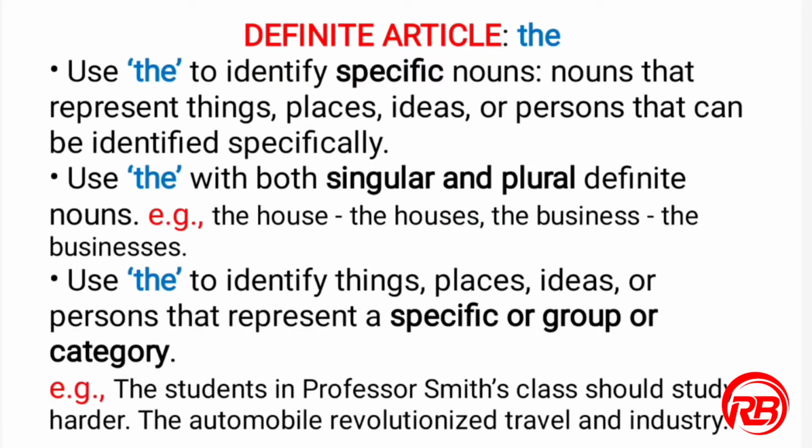The next thing we are about to discuss is the definite article, the. Where do we have to use the? To identify specific nouns that represent things, places, ideas or persons that can be identified specifically.